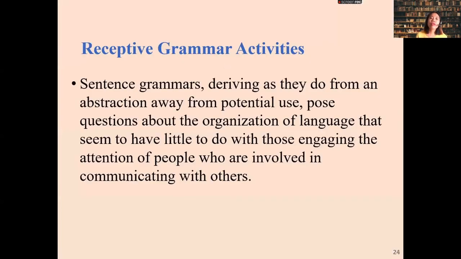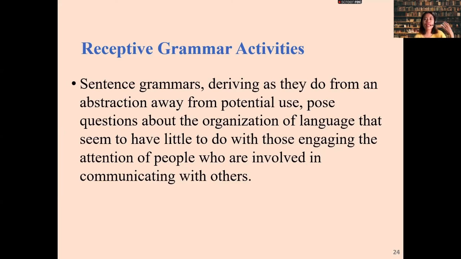And we have receptive grammar activities. When we talk about receptive, these are the activities that refer to knowledge of linguistic rules that learners use for listening or reading. So when we have listening or reading, that is receptive.